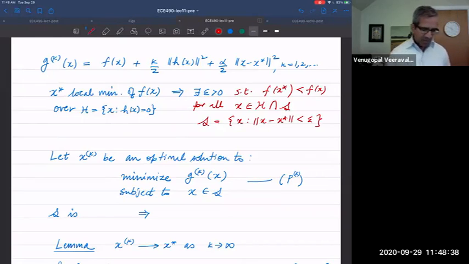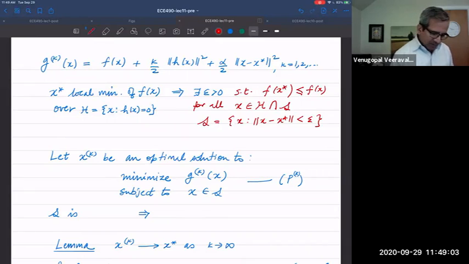So that's the definition of a local minimum. A local minimum says that if I look at a ball around x star, then the value at x star should be smaller than all the other values in that ball. Sorry, this is less than or equal to, I guess. It's not necessarily strict.